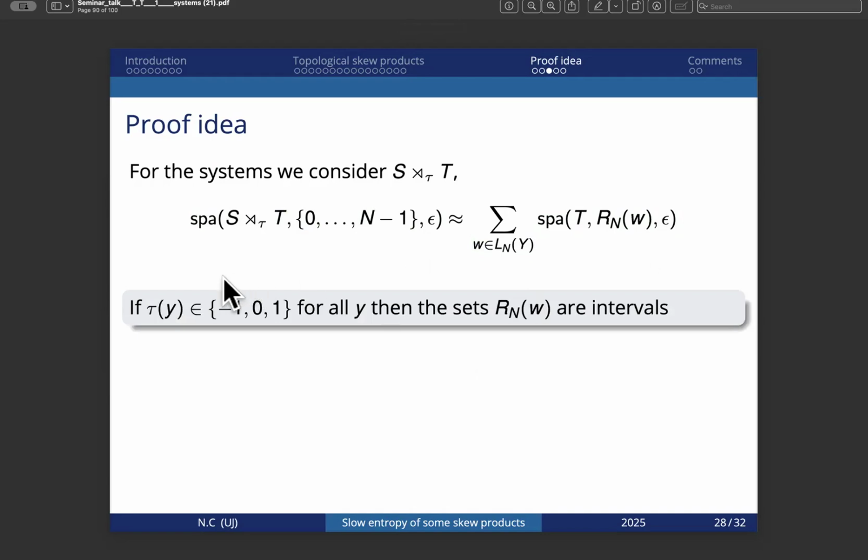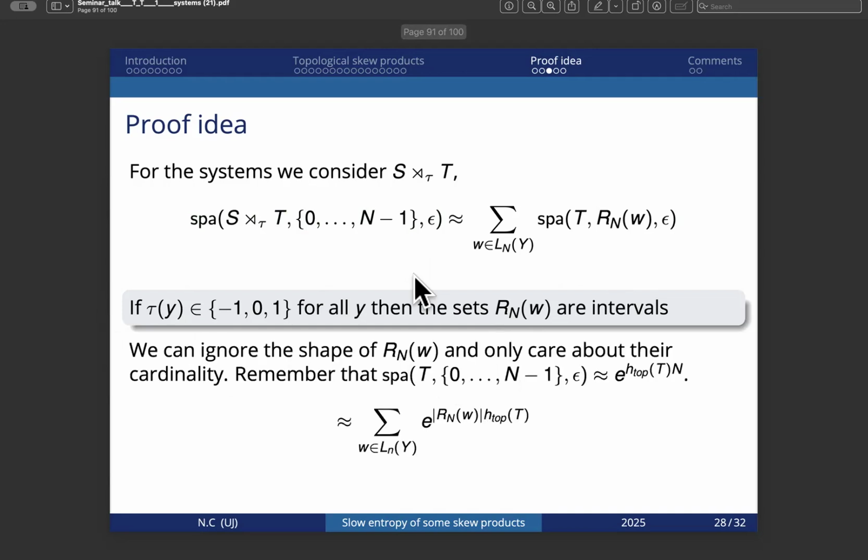And something that happens is that when the cocycle takes values between -1, 0, and 1, then these ranges are intervals, because if you are a walker which makes steps that are either -1 or 0 or 1, then if you make 10 steps, the places you visit are an interval, right? If you make longer steps of length 3, then there will be holes that complicate things. But let's assume that we are in this case because it's easier.